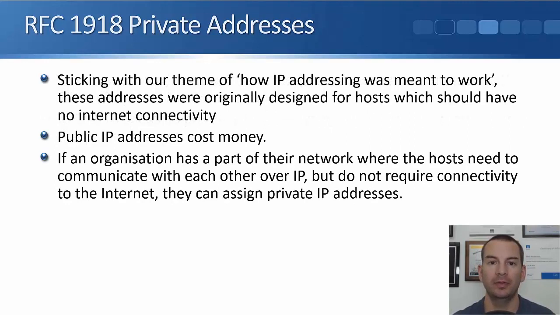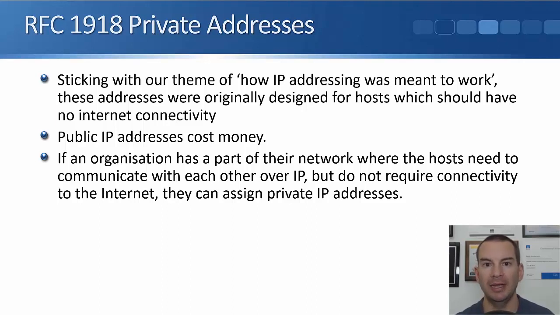Sticking with our theme of how the internet was originally designed to work. Private IP addresses were originally for hosts that should not be connected to the internet. Because obviously if you're an organization and you've got a part of your network that you don't want to be connected to the internet, you're not going to pay for public IP addresses for those hosts.